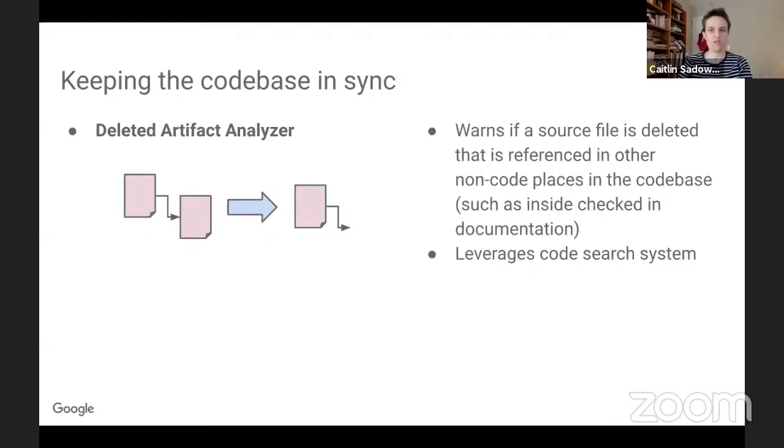If you delete a source file that's referenced in other non-code places that are also in the code base, like inside some documentation files, the deleted artifact analyzer will tell you. It leverages code search to find anywhere in the code base that the path is referenced, or potentially other places as well.